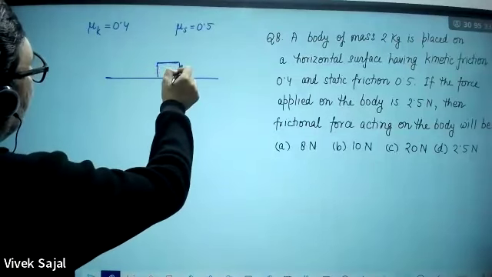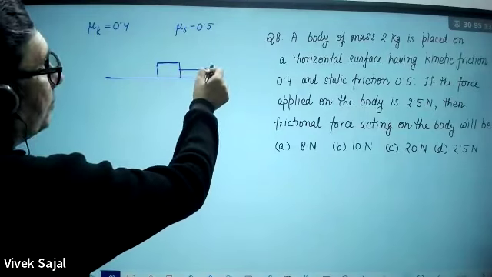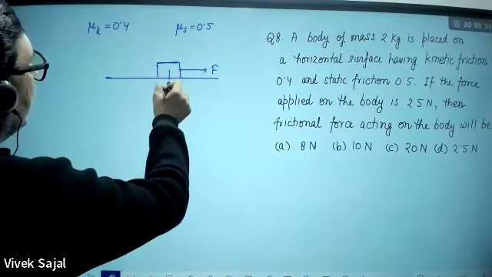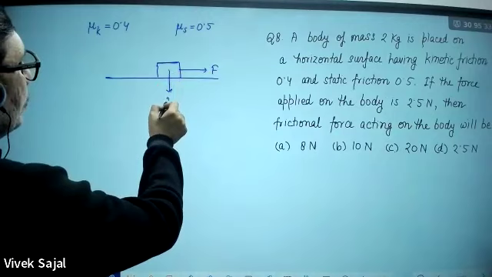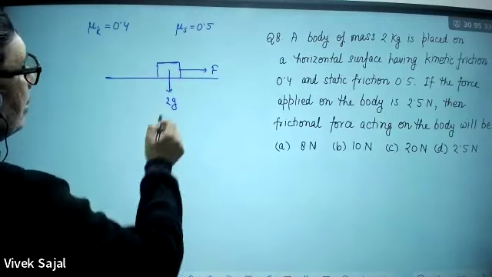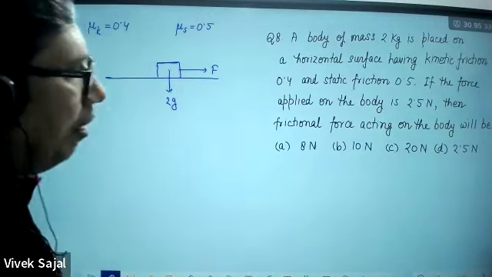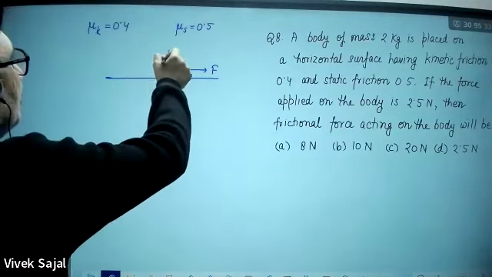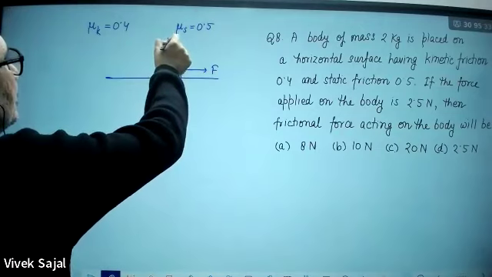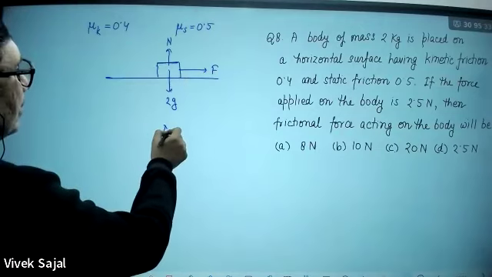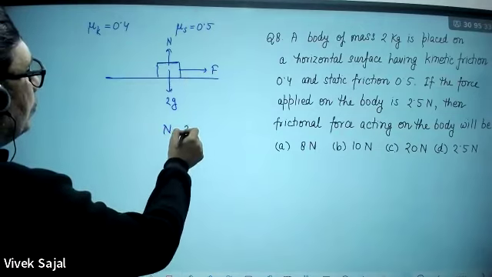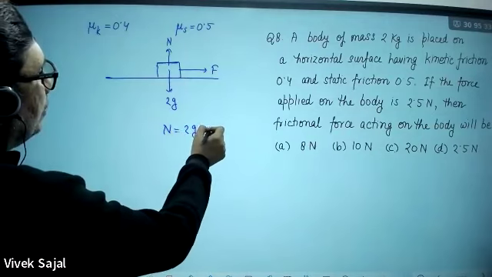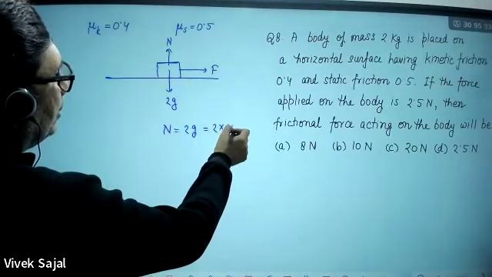Here you have applied a force on it. Its weight, this is 2 kilograms, so 2g, 20 Newton, is going to act in the downward direction. This will be balanced by normal reaction, so normal reaction will be equal to 2g, or 2 into 10, 20 Newton.